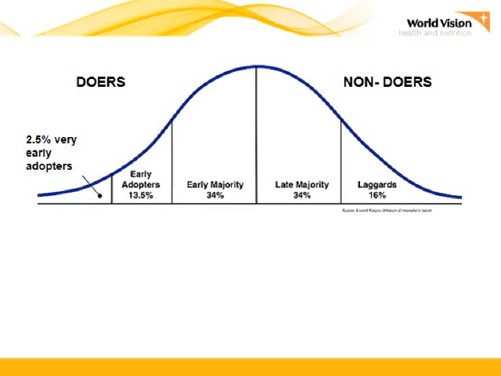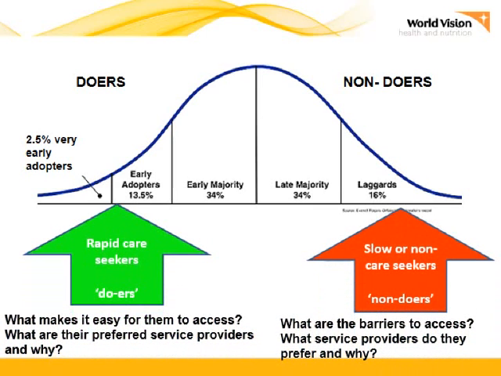So we categorise people in terms of behaviour change as doers or non-doers. Doers are those who quickly adopt a behaviour, and non-doers rarely do a behaviour. So when we do our barriers analysis, we group people as doers and non-doers.